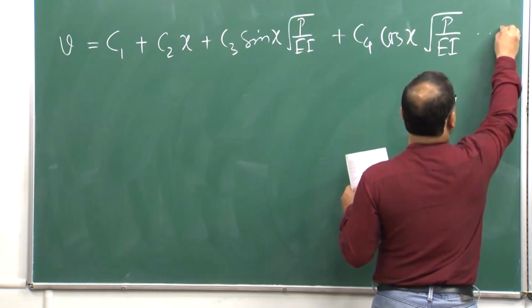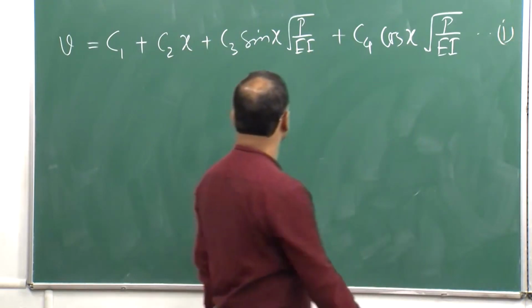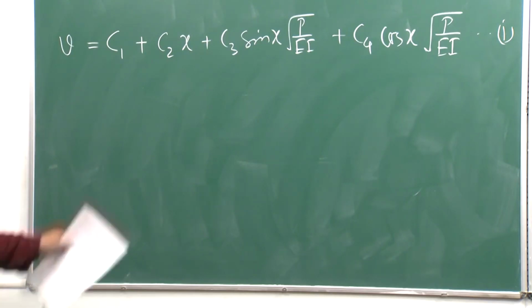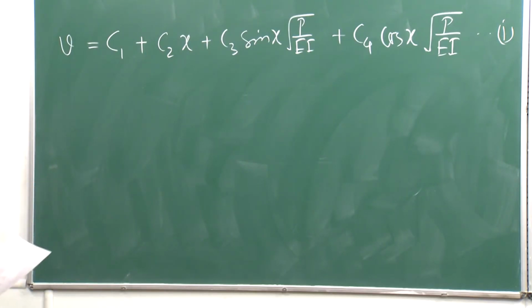Say this is my equation 1. This is our basic equation. By solving the differential equation, we get 4 integration constants that you have already derived.